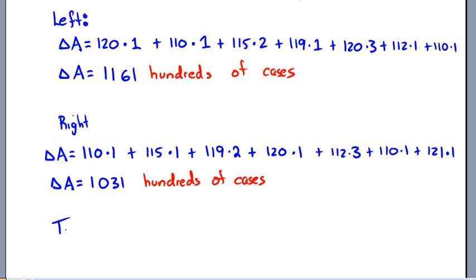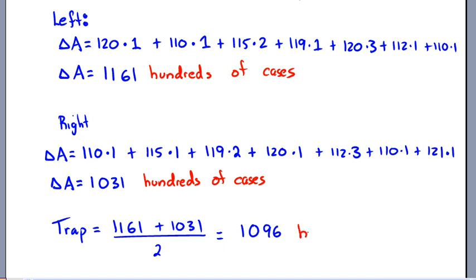All I have to do now is just average those. So I'm going to take 1,161, add on 1,031, add those two numbers up, and then divide by 2. And I end up with 1,096. Again, those would be hundreds of cases, because that's what they had in the table.